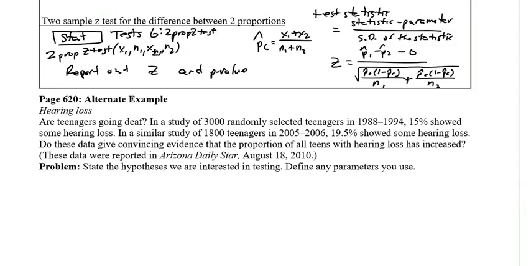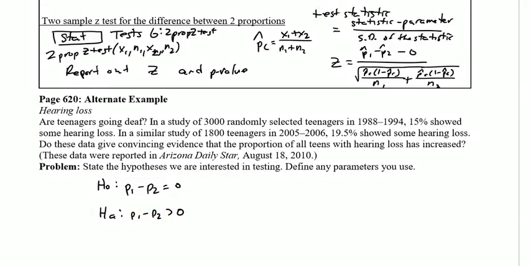So state the hypothesis we are interested in testing. Define any parameters. Well, our null hypothesis is the same. p1 minus p2 is equal to 0. There's no difference. The no difference hypothesis, that's the null hypothesis. And then the alternative hypothesis, that p1 minus p2, it's increased, so that difference would be greater than 0.